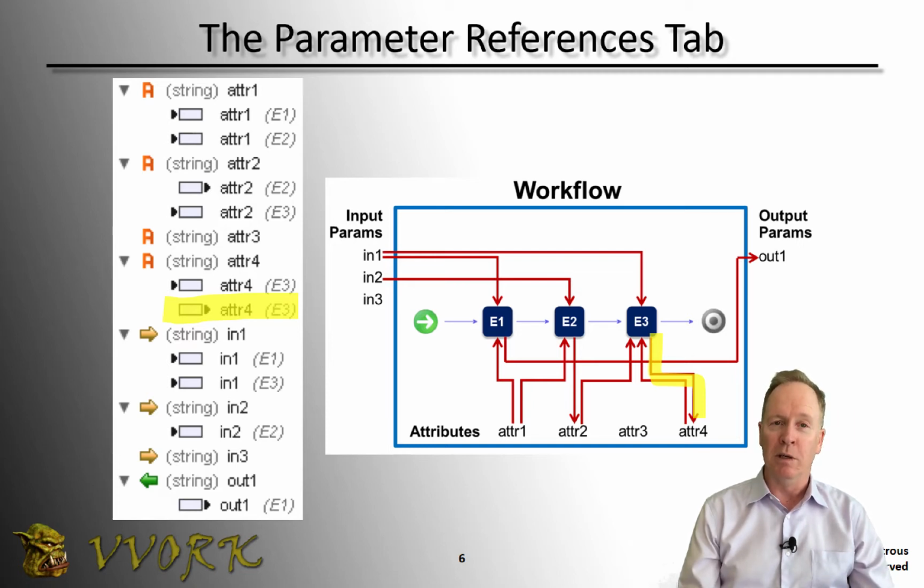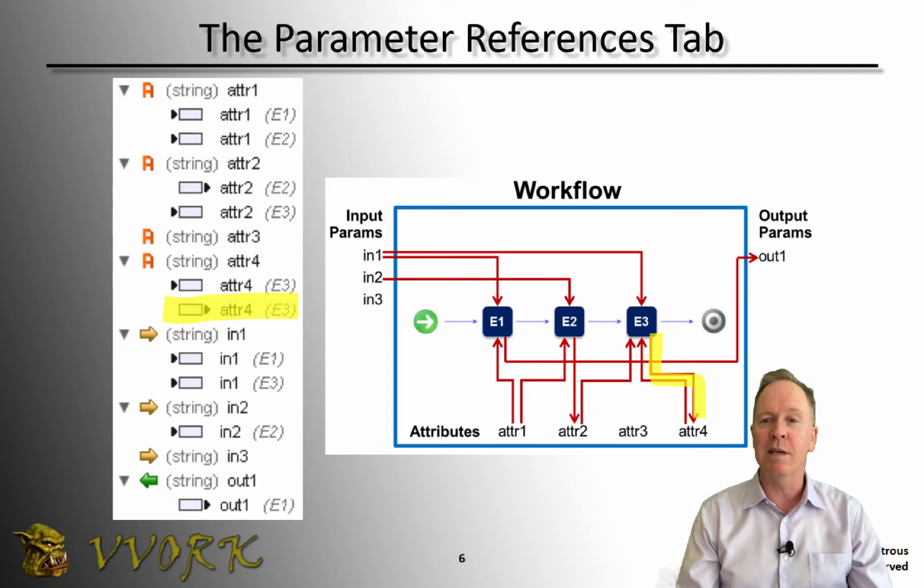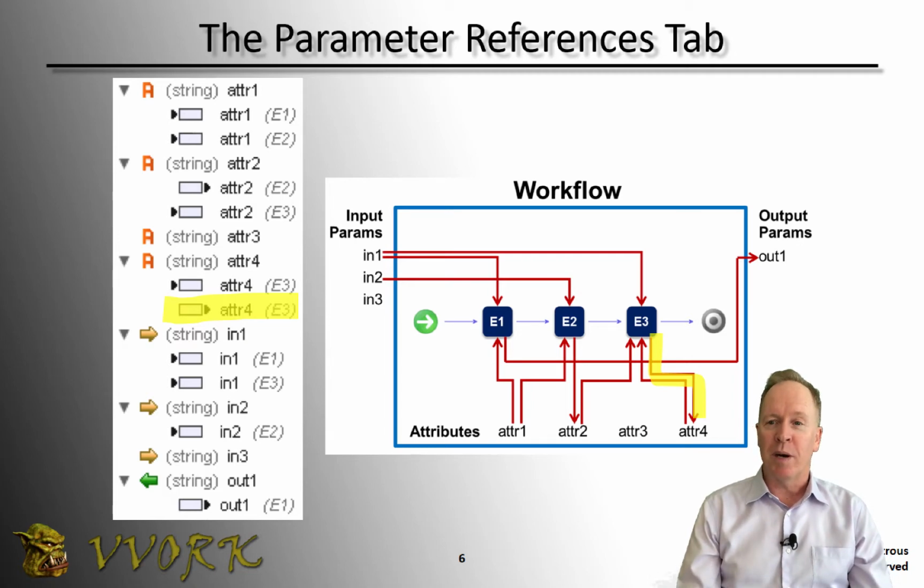One of the things I really wish someone would have told me, and I'm going to tell you right now, something that would have helped me to understand parameter references much sooner than I did, is the fact that these variables that you see listed here are in alphabetical order. Again, if someone had told me that, my life would have been much easier. Hopefully your life will be easier when working with the information on the Parameter References tab with that little piece of info. But let's continue onwards here.